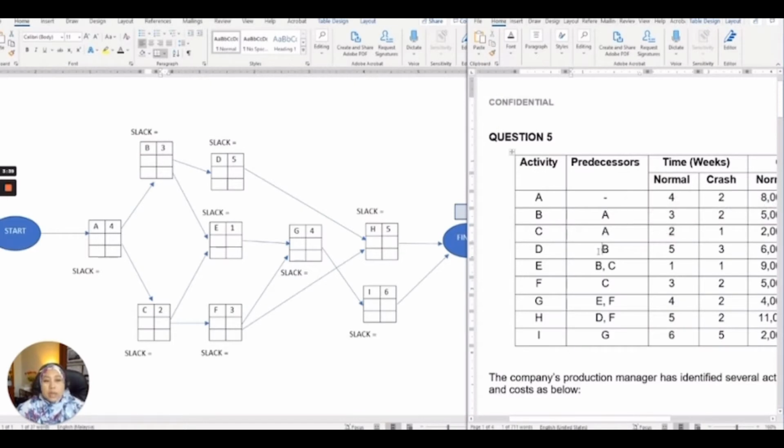For D, the predecessor is B, so the arrow comes from node B to activity D, and the estimated time is 5.